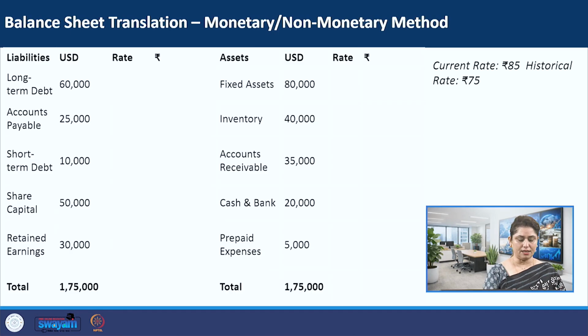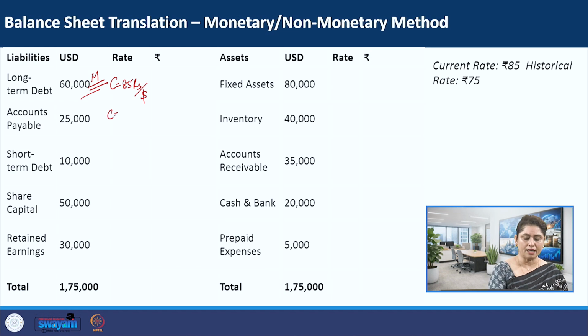Now, here 60,000 is the long term debt. Is it monetary or non-monetary? It is monetary because we are paying interest and we will be paying the principal back. So, there are going to be some monetary transactions. The rate for monetary items is always the current rate. So, here we will have the current rate.